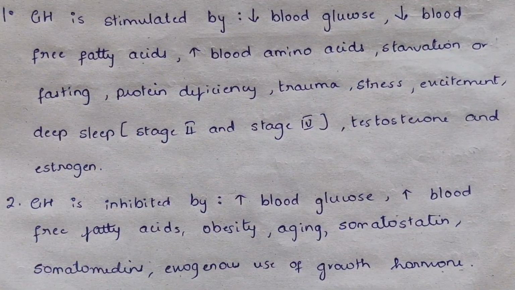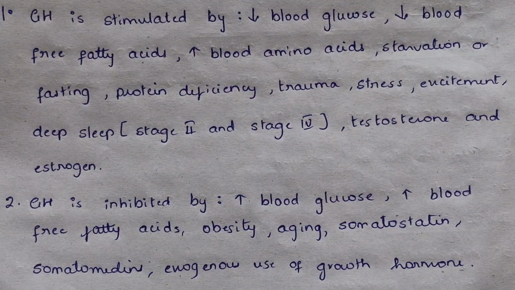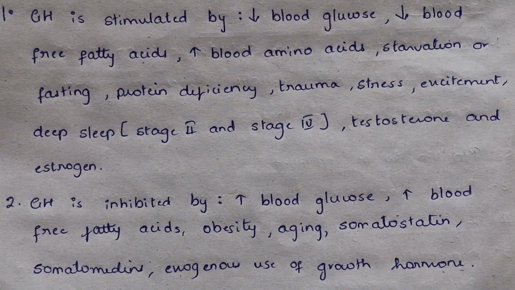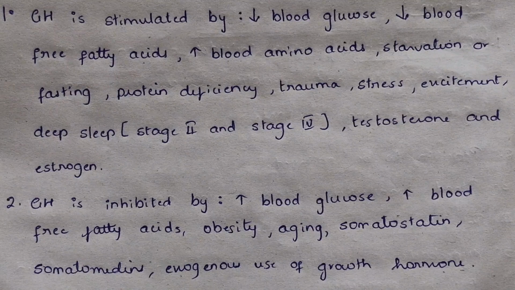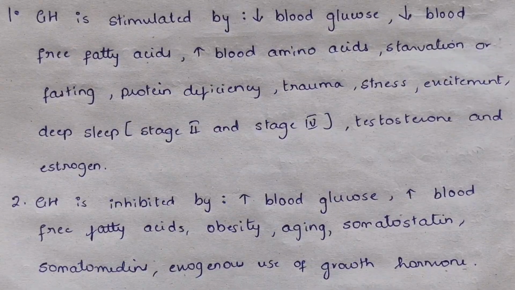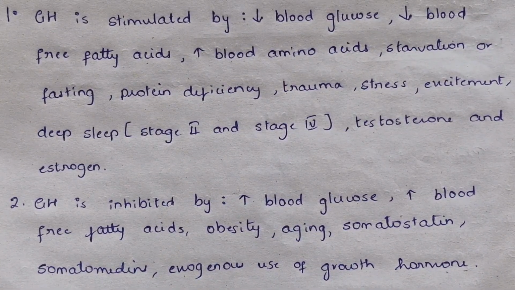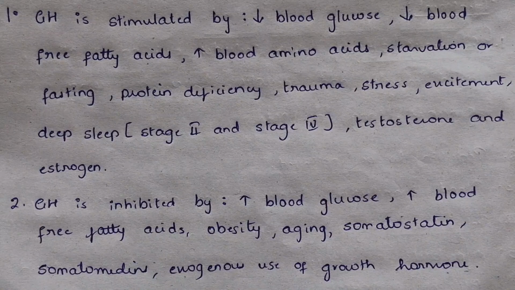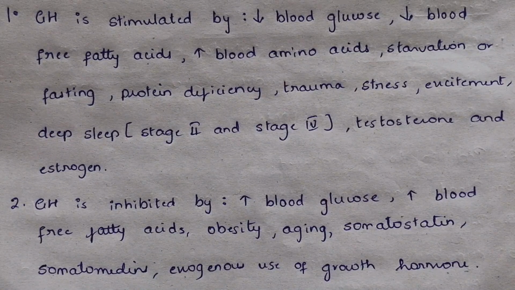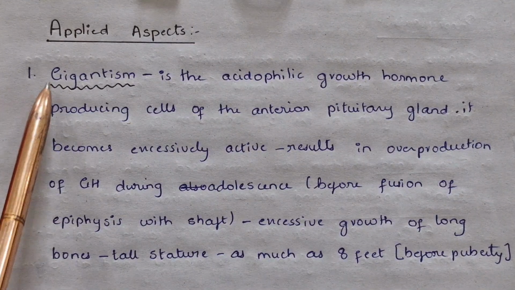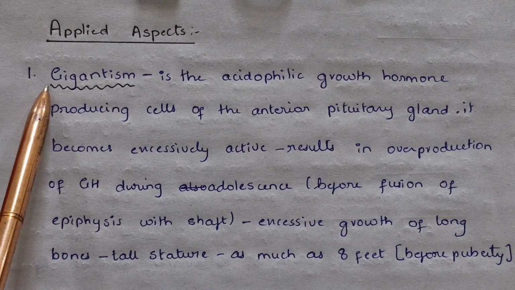Growth hormone is inhibited by increased blood glucose, increased blood free fatty acids, obesity, aging, somatostatin, somatomedins, exogenous use of growth hormone. Applied aspect. The first one is gigantism.